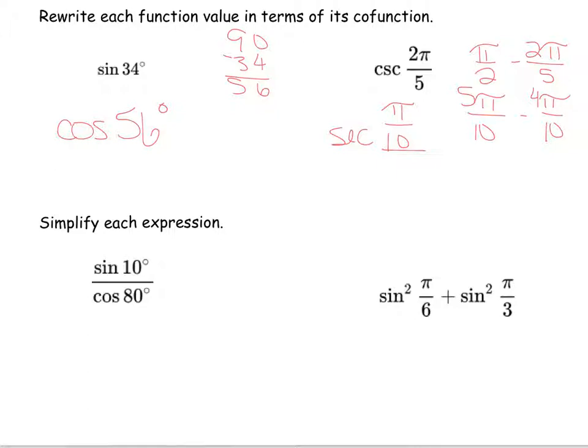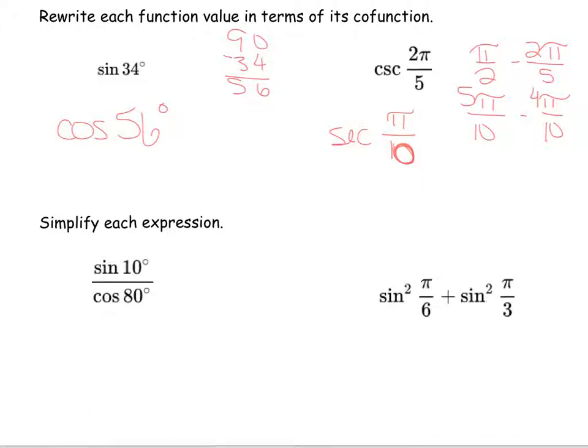So since these two angles add up, I hit eraser there instead of... Since these two angles, I've messed this problem up royally, add up to pi over 2, the cosecant of one of them is the same as the secant of the other. Okay? All right, let's simplify these things.